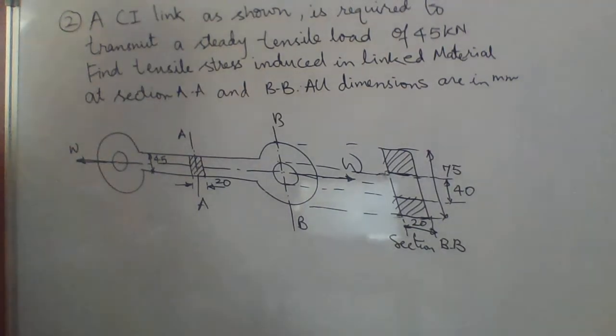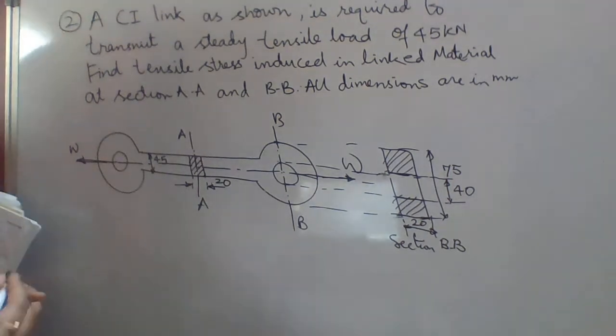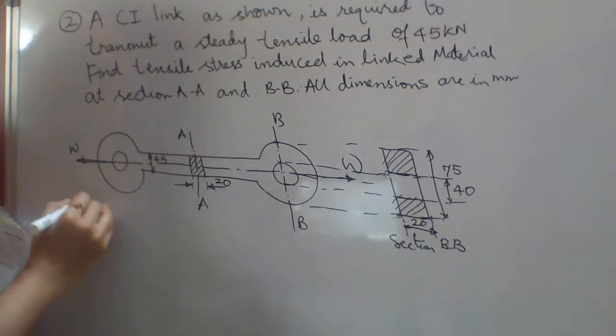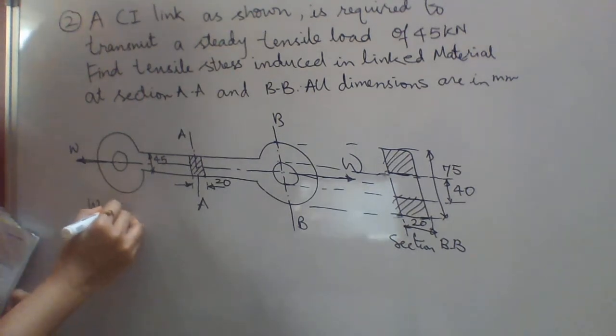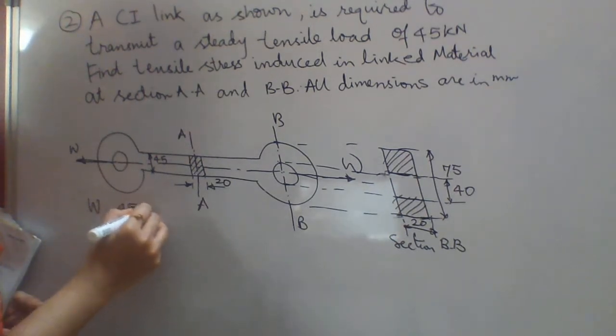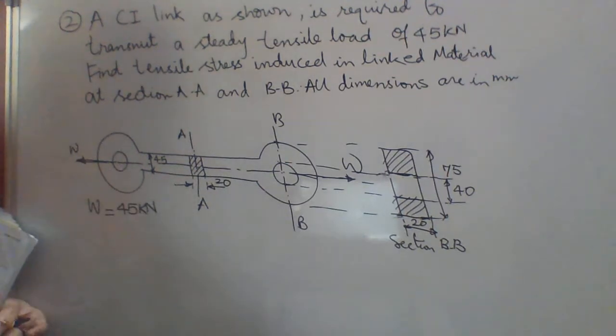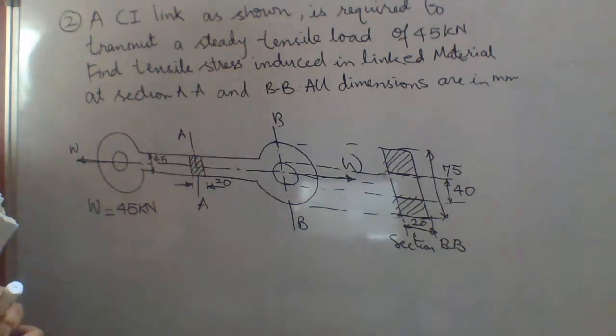A cast iron link as shown is required to transmit a steady tensile load. The load is in the nature of tensile of 45 kilonewton. So by reading this question, you come to know that W is given 45 kilonewton. Find the tensile stress induced in the link material at section AA and BB.